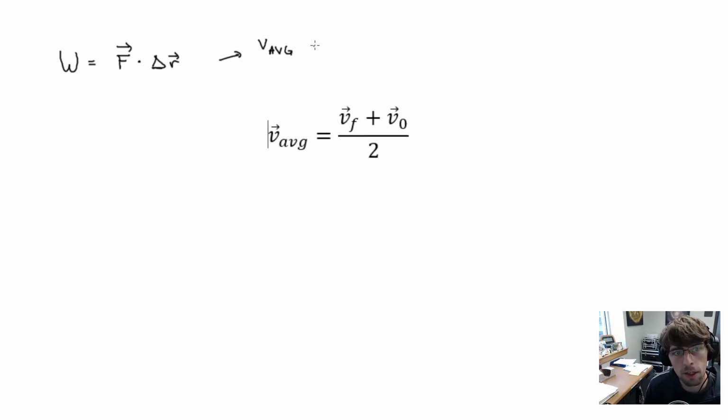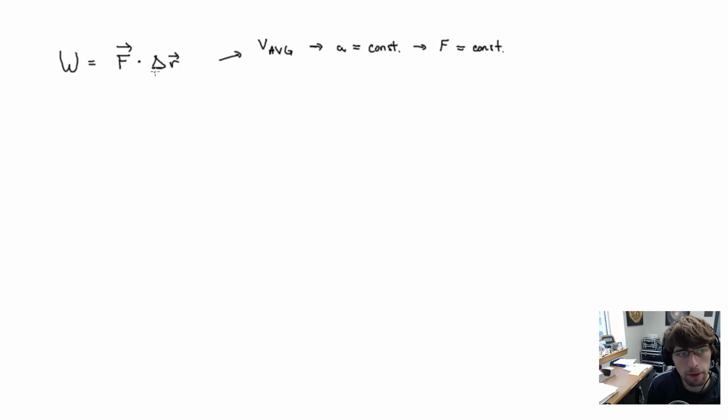And the minute that we use this arithmetic average, that implies that the acceleration is constant, which implies that our net force has to be constant. And remember, it's constant over this displacement delta r.